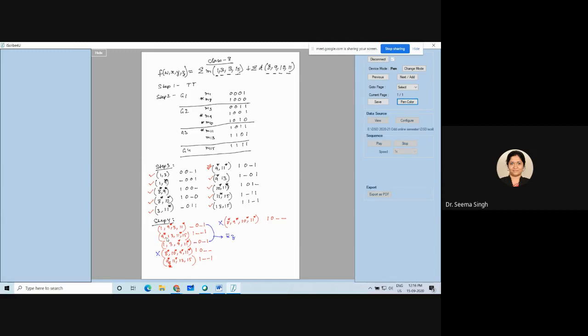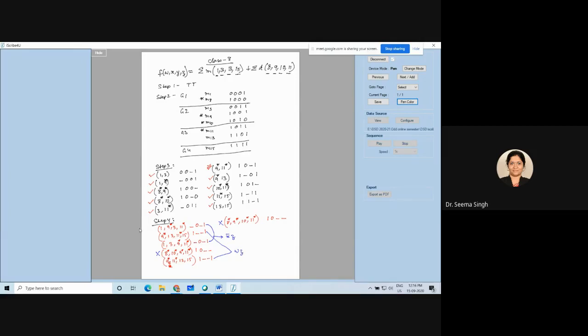Both are the same thing. Okay. And which other term is repeating? 9, 13, 11, 15, and 9, 11, 13, 15 is repeating, the other one. So we have this and this giving me what? It is giving me W and Z, right? It is giving me W and Z.